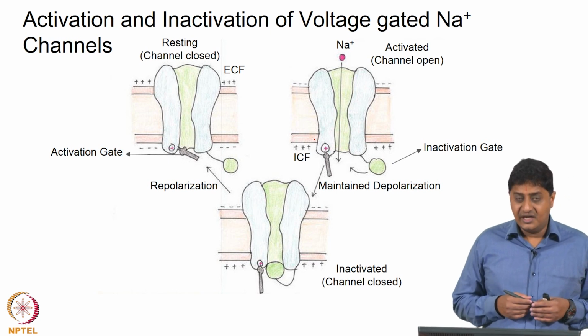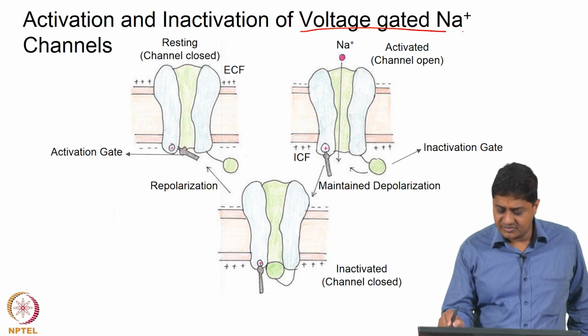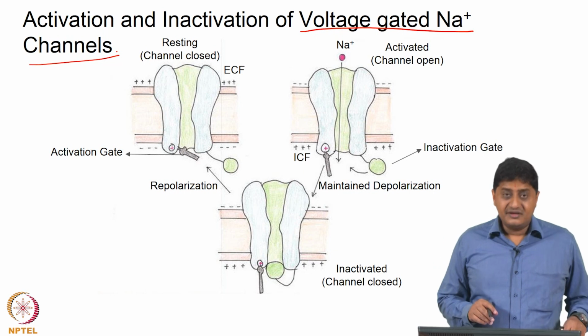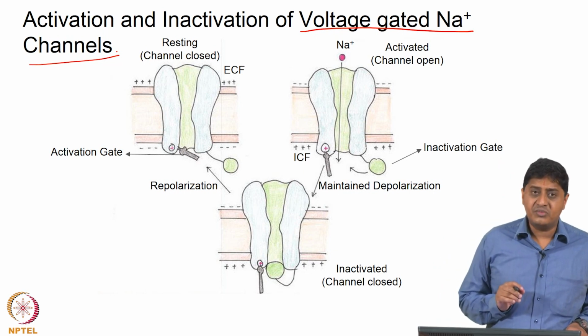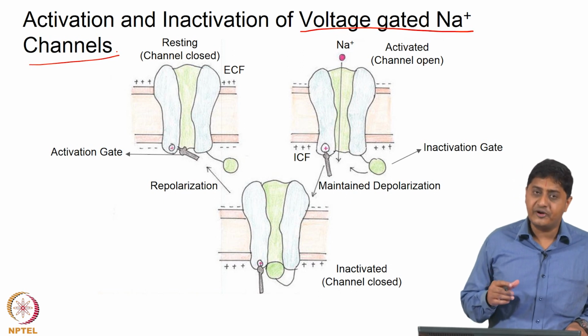In addition, you have what are called voltage gated sodium channels. These channels are depolarization sensitive. They depend on the membrane potential for their opening and closure. Depending on the value of the membrane potential, they will either remain open or closed.